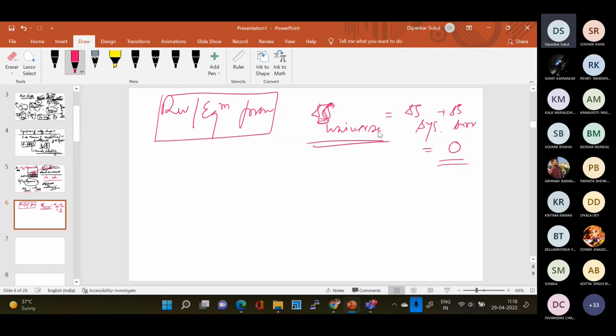That is, entropy will remain constant. Entropy of what? Not of the system or the surrounding only. You have to consider the entropy change of the whole universe, that is system plus surrounding. That will be equal to 0 for a reversible or equilibrium process. What about an irreversible or spontaneous process?